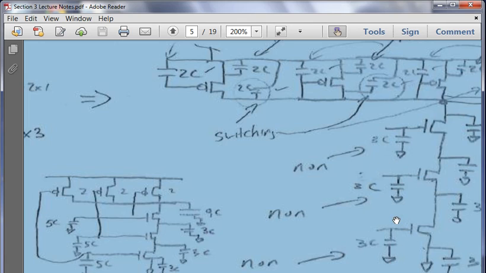When they're in parallel, this could be A and this could be A. So they're going to start adding together, because this input node is the same as this input node. Since they're in parallel, coming in the same node, that's when you're going to have your input capacitance here. As you can see down here at the bottom, that's 5C. That's 3 plus 2.